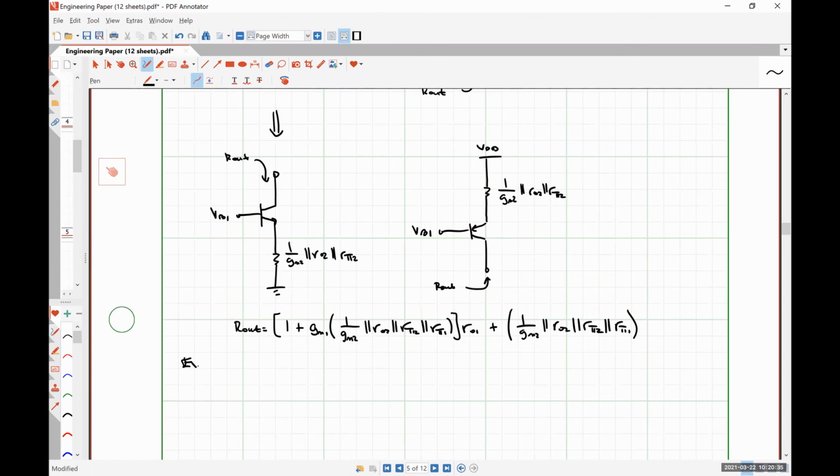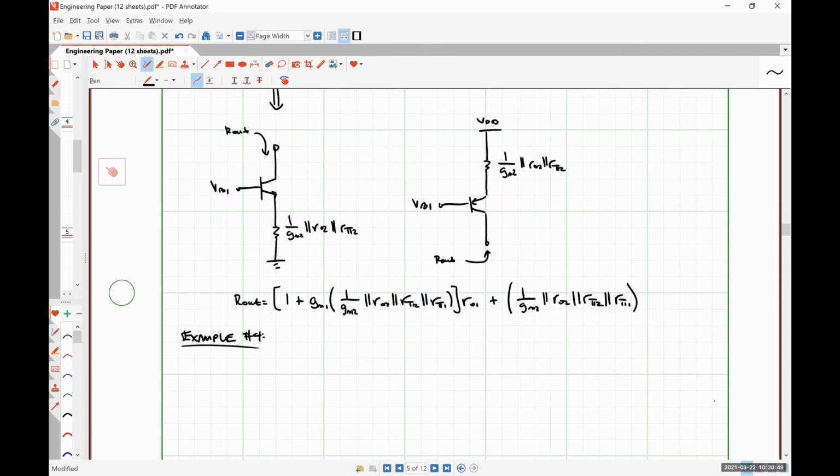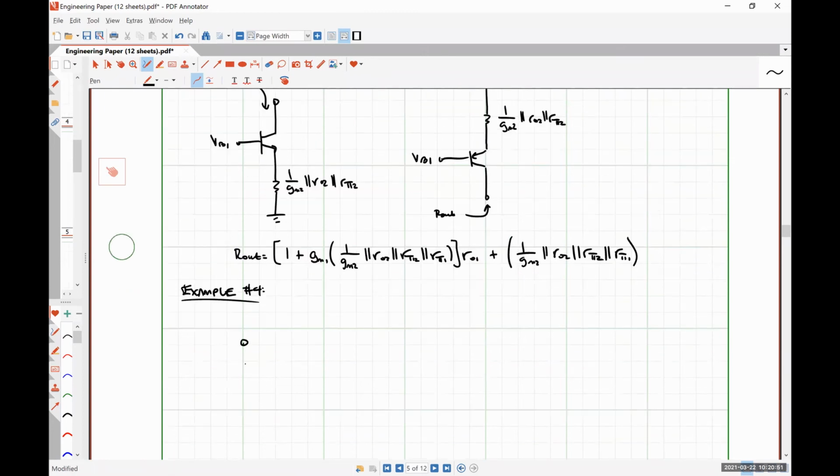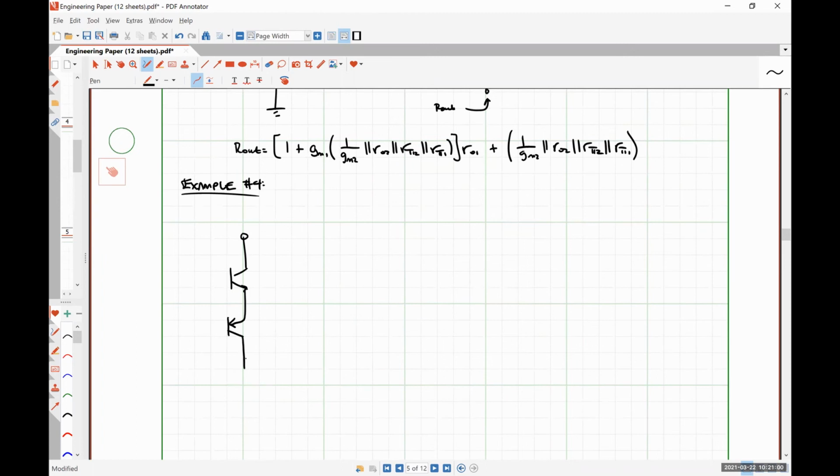So let's calculate how this style of degeneration boosts our output impedance, where we consider this circuit, where IC1 is equal to IC2 is equal to 1 milliamp.